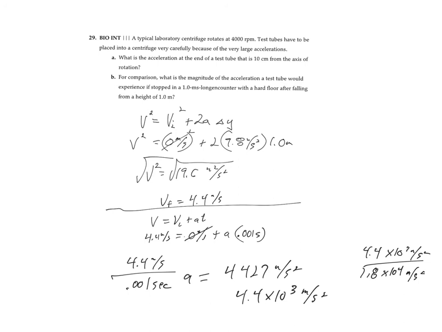That's a 3 up there, believe it or not, divided by 1.8 EE4, and this is about 0.24, so 1/4. So the centrifuge is 4 times bigger acceleration.